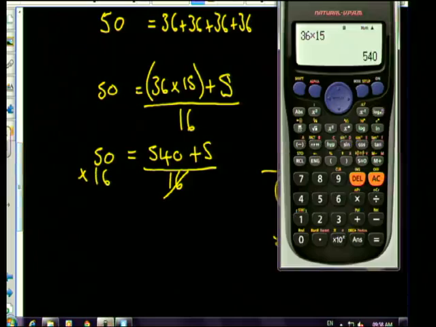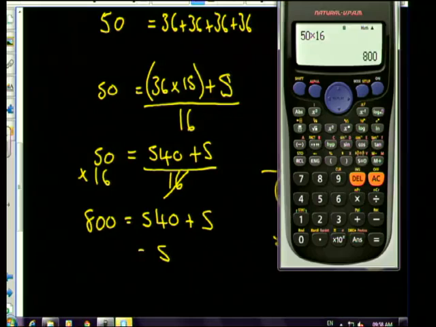Again, out comes our calculator that's going to do the work for us. And we're going to say I've got 50 multiplied by 16 equals, and I get 800. 800 equals 540 plus the other student. The student now has got to get 800. How do we get rid of the 540 that side? Subtract this side, subtract that side, 540.